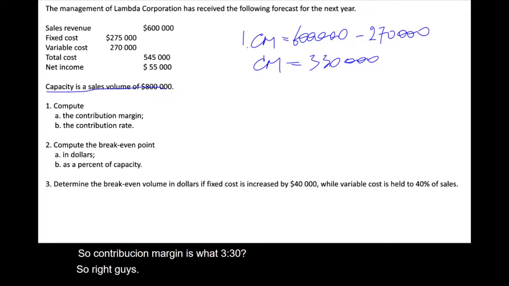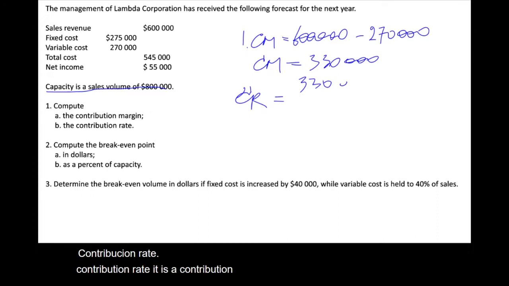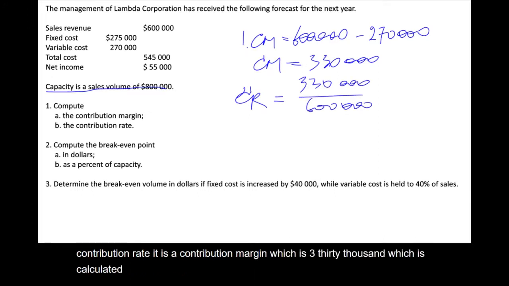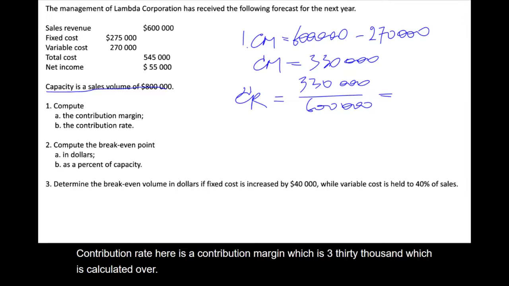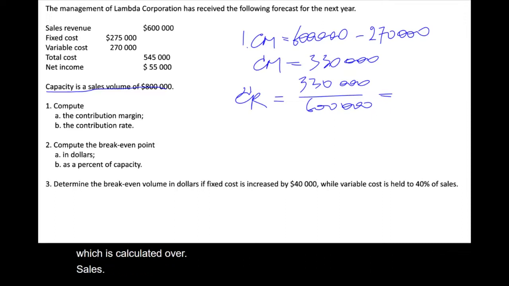Contribution rate is contribution margin, which we just calculated, over sales, and that is 0.55 or 55%.